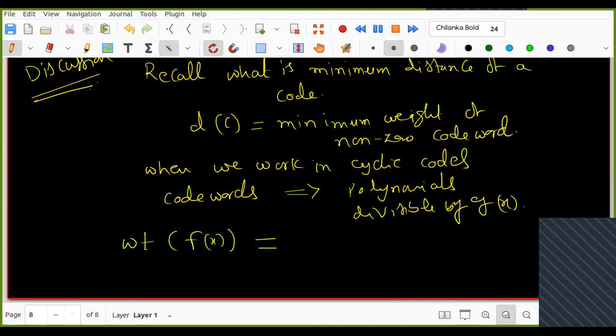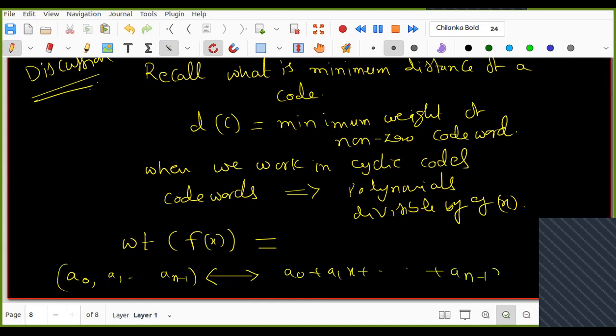F of 1. No, I take an f polynomial. Be careful, do not answer before I tell you. The polynomial is associated with the code word, so there is a one-to-one correspondence. For example, a0, a1, and so on up to a_{n-1}. What is the polynomial corresponding to this? a0 plus a1 x plus and so on plus a_{n-1} x^{n-1}. Now what is the weight of the polynomial?